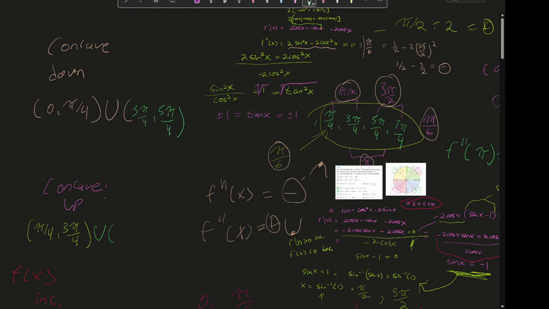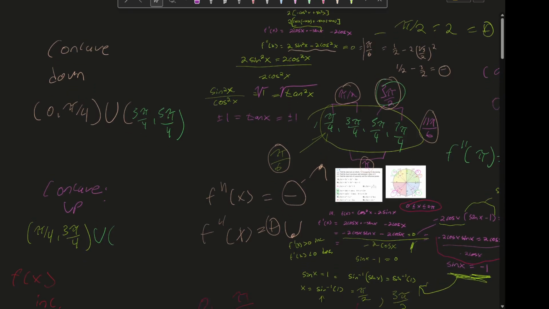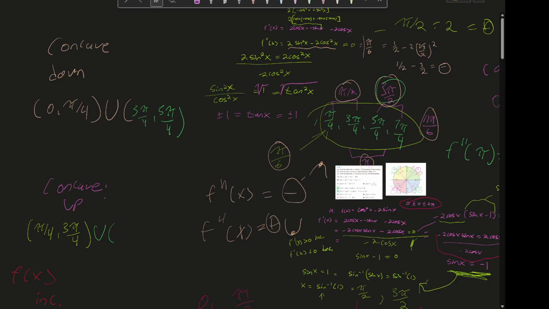All right, we're getting somewhere here. Next one, 3 pi over 2. I could do that in my head too. Plugging that into the second derivative, sine of 3 pi over 2 is -1, squared is 1, times 2 is 2, minus a term that will be 0.